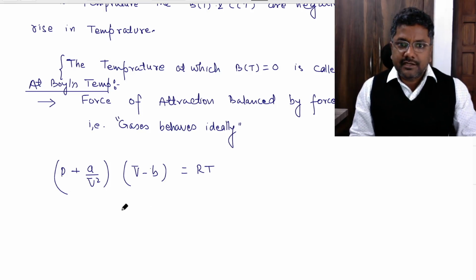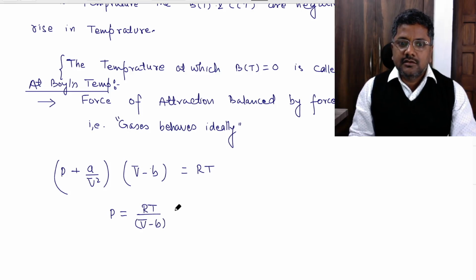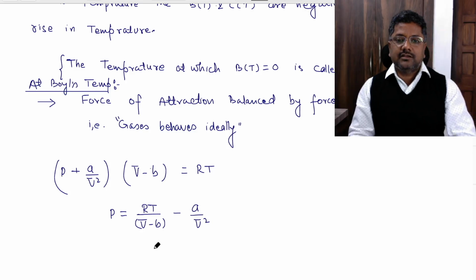So we can write P = RT/(V̄ − b) − a/V̄².